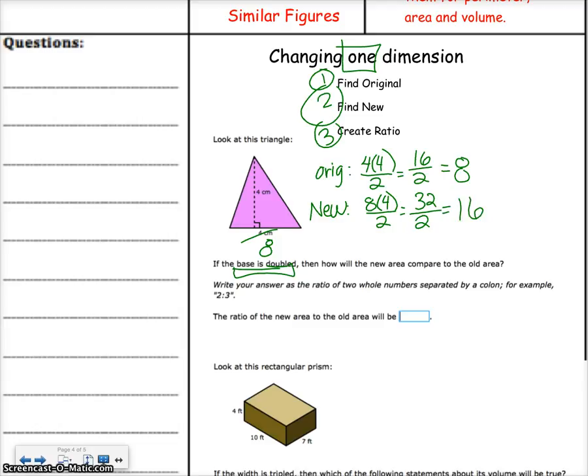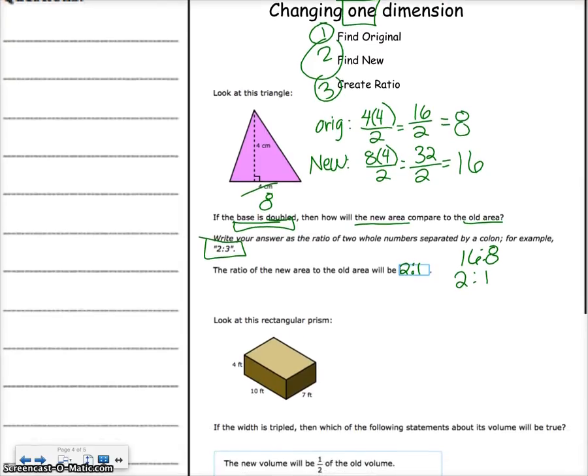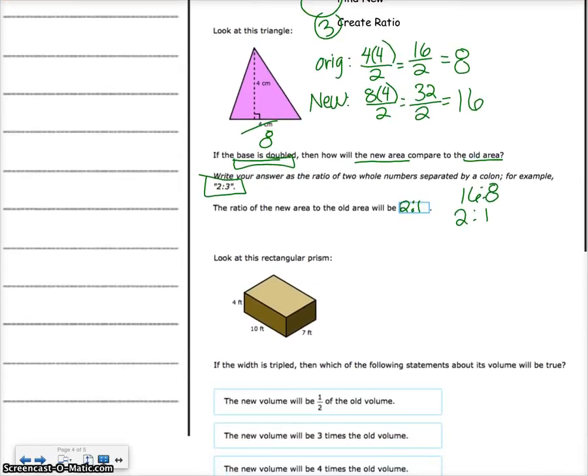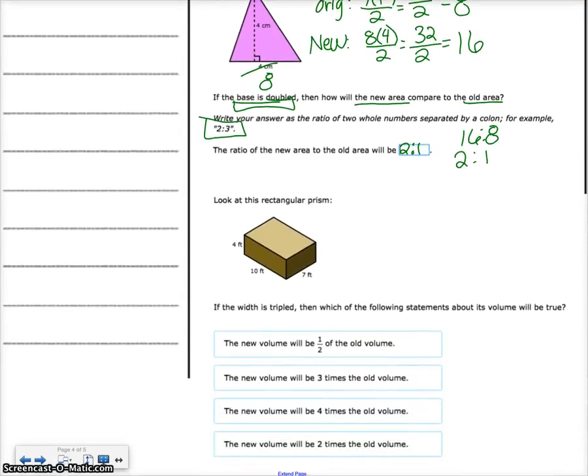So what happened, I want the new area to the old. And they want me to write it as a colon. 16 is to 8, or 2 is to 1. So it looks like I doubled it. Again, I didn't use a scale factor because it didn't change all the dimensions.